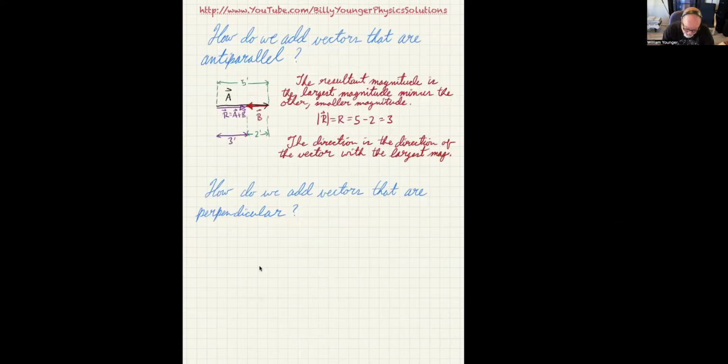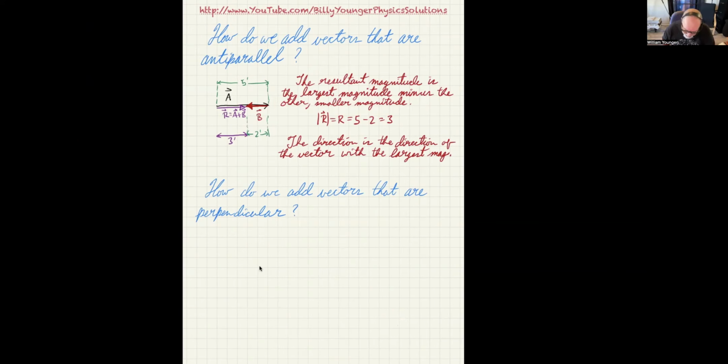In the case of anti-parallel, we have to decide which one's the biggest. That one tells us what direction it's going to be. We had a vector whose magnitude was 5 and a vector whose magnitude was 2. So the 5 is the bigger one, and we know the direction is going to be to the right. Then 5 minus 2 gives us 3, so 3 is the magnitude and it points to the right.